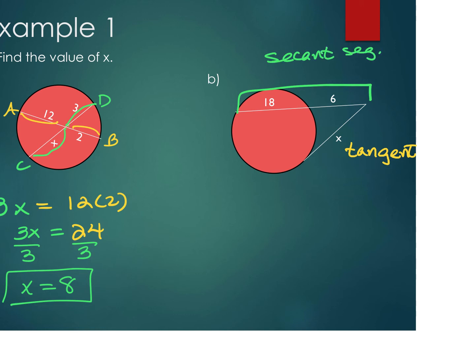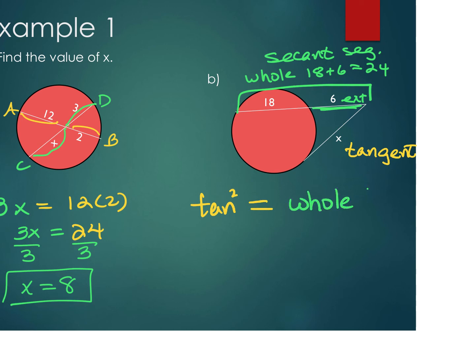And to find its whole length, I'm going to add 18 plus 6, and I get 24. The external piece is this 6. So the formula to find the value of x is tangent squared is equal to whole times external.